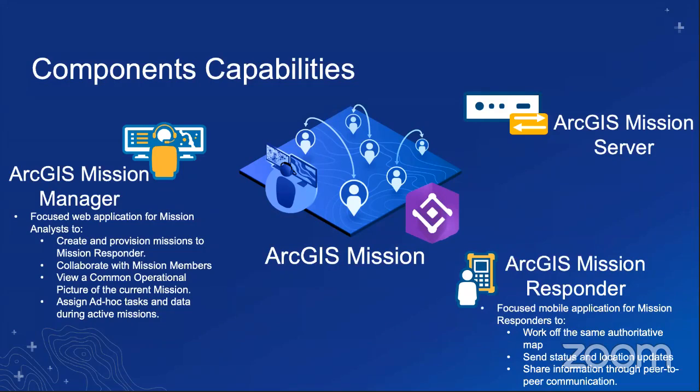The second component is the Mission Responder. The Mission Responder is the mobile application. It's available in the iOS and Google stores. This app allows field members to work off an authoritative map of the mission area, send status and location updates, and share information using peer-to-peer communication.